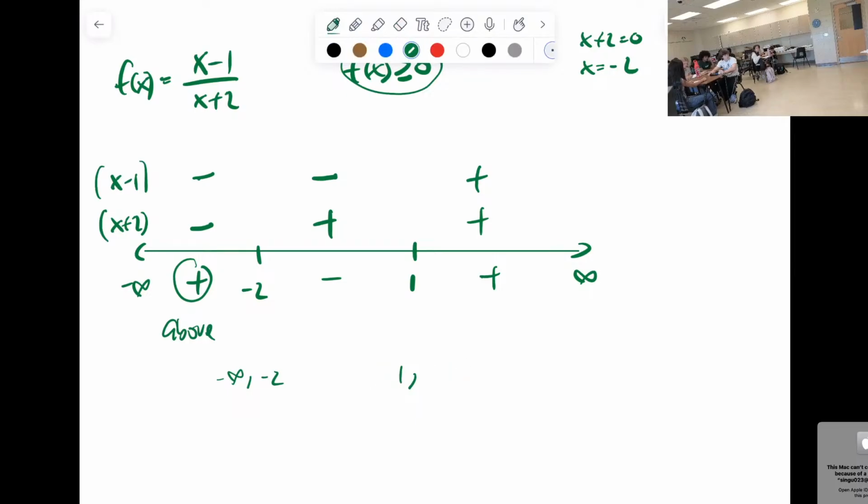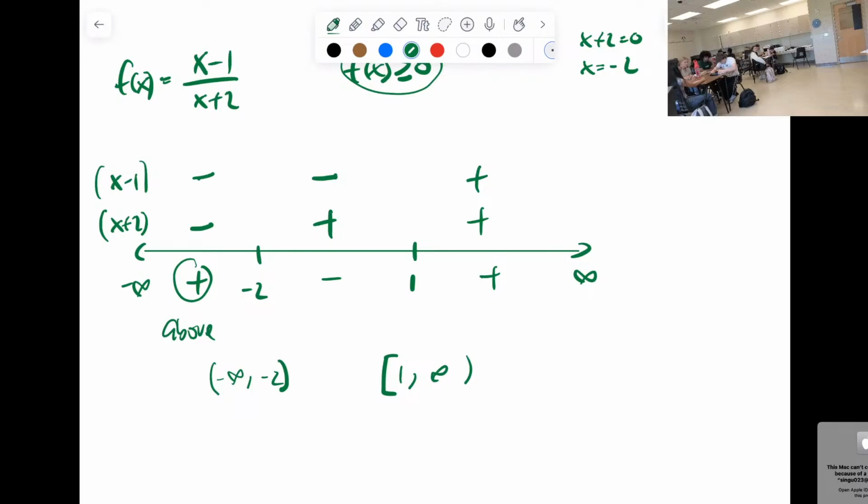So the infinity part is always a parenthesis. It doesn't matter what. Do I include -2? Why? Because it's what kind of asymptote? Vertical asymptote. So this is a parenthesis.